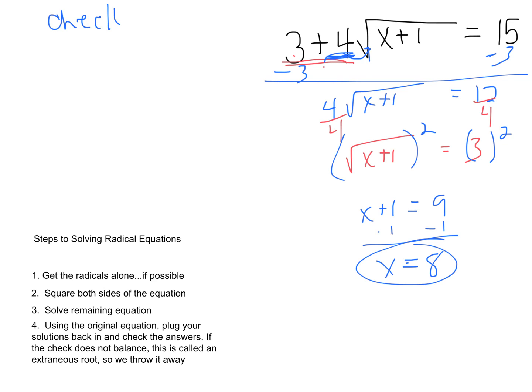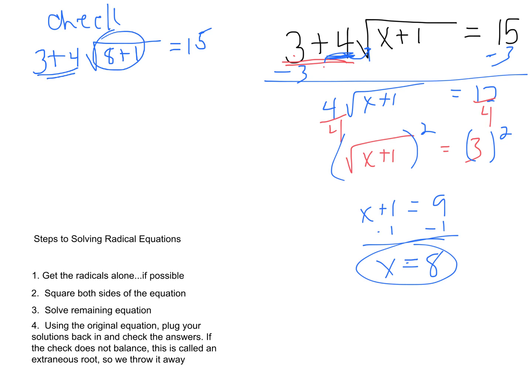Alright, so now what we're going to do is put 8 in for x. So 3 plus 4 radical 8 plus 1 equaling 15. Now again, do not add these.